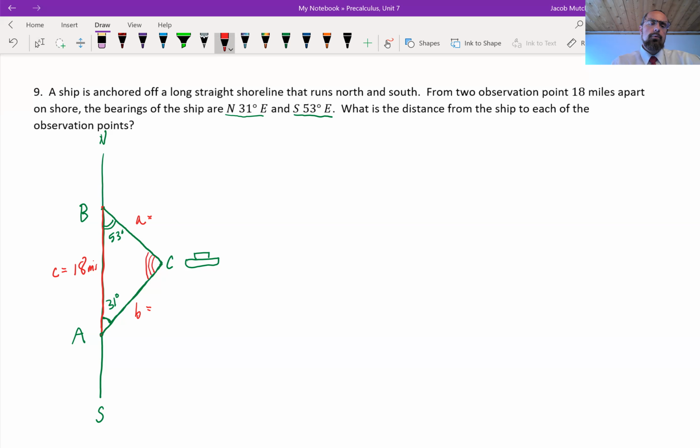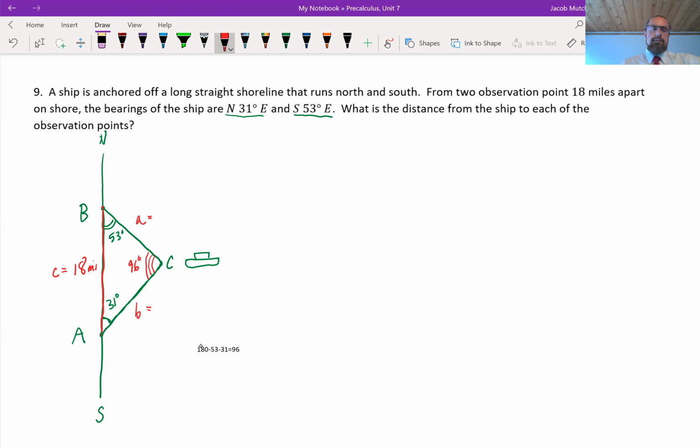So I'm going to do that really quickly. I'm just going to take 180 and subtract 53 and 31. Recall all three angles should add up to 180. So that kind of confirms what we were thinking about this angle. It's not 90 degrees, it's bigger than 90, it's 96 degrees.